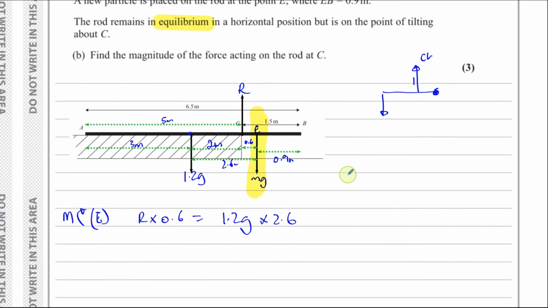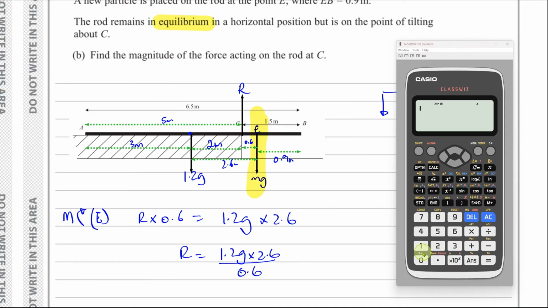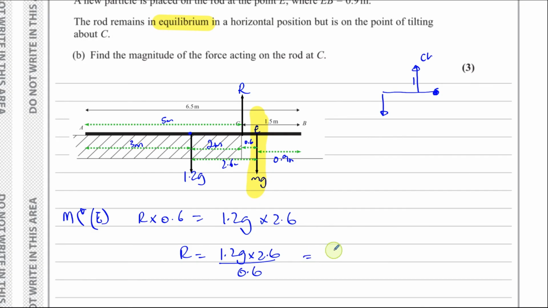You can find R now. Pretty simple. So R is going to be 1.2g times 2.6 over 0.6. So we're going to have 1.2 times 2.6 divided by 0.6. And I'm going to leave the g in terms of g, so we'll get 26 over 5, which is 5.2g newtons.